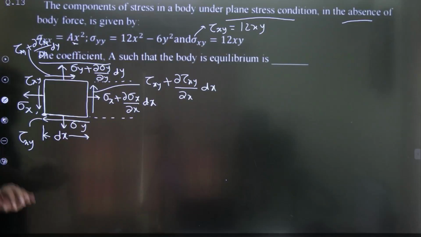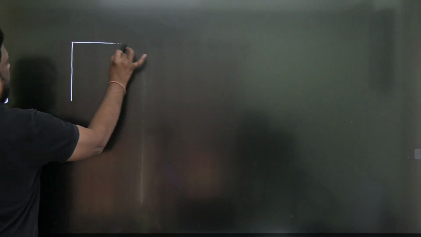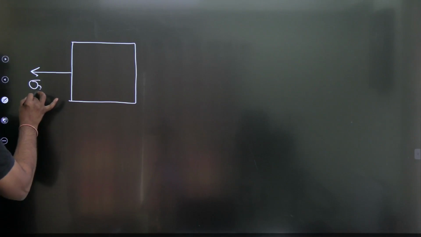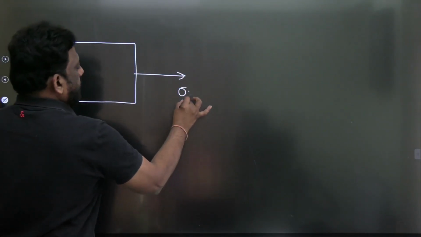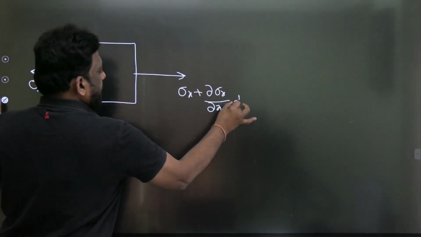Let me draw clearly, so you don't have any confusion. If it is sigma x, at a distance dx, it will be sigma x plus dou sigma x by dou x dx.